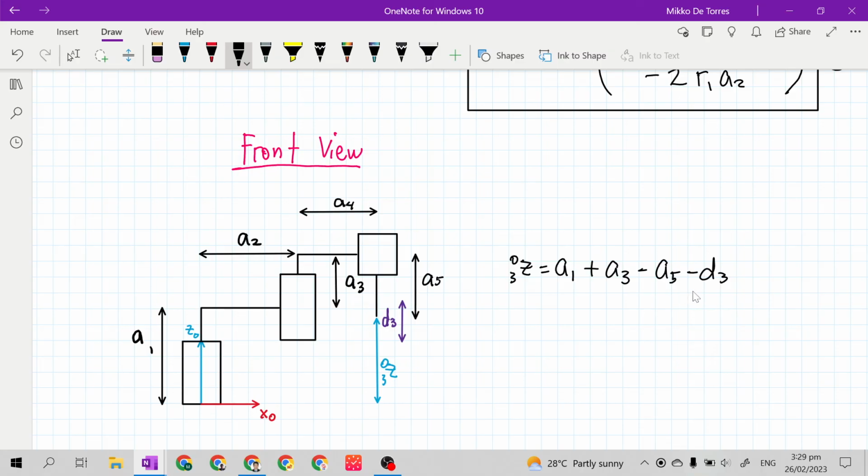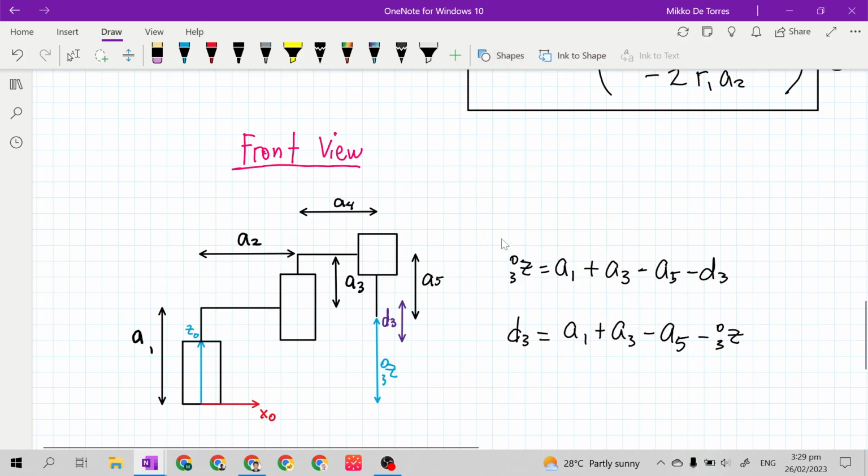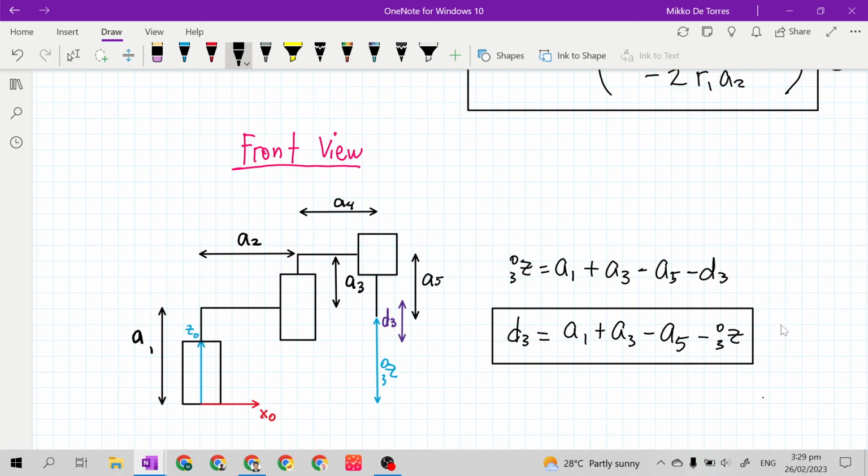So this is our starting equation. To solve for D3, we will arrange this. So D3 is equal to A sub 1 plus A sub 3 minus A sub 5 minus Z0 3. This will be our seventh equation.